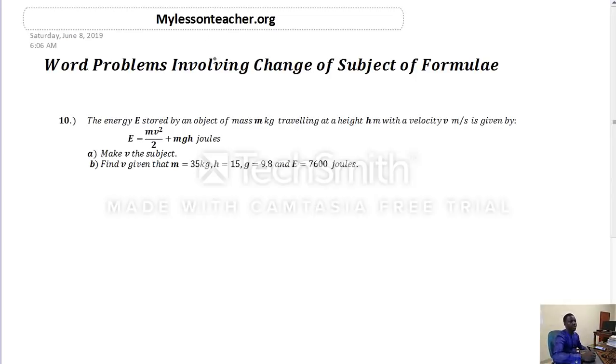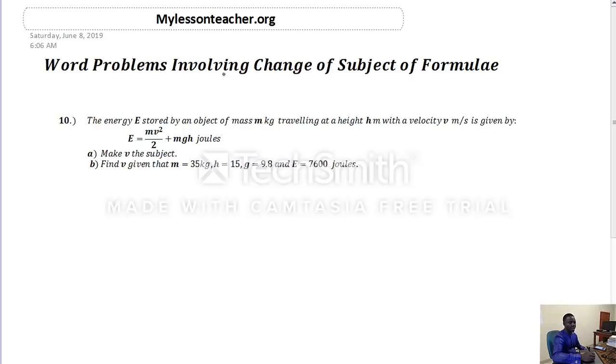Okay, let's solve the last question for the day, that says the energy stored by an object of mass m kilogram traveling at a height h meters with a velocity v meters per second is given by E is equal to mv square over 2 plus mgh joules.